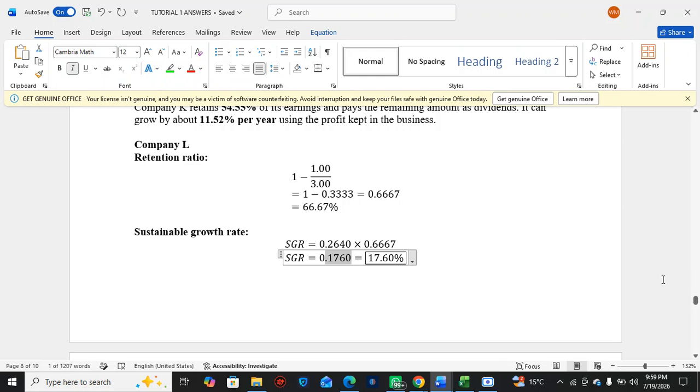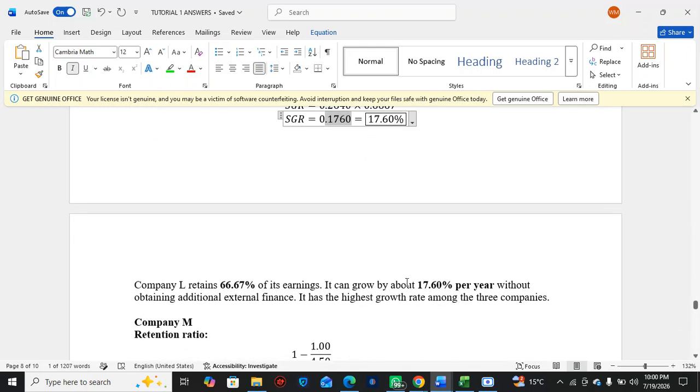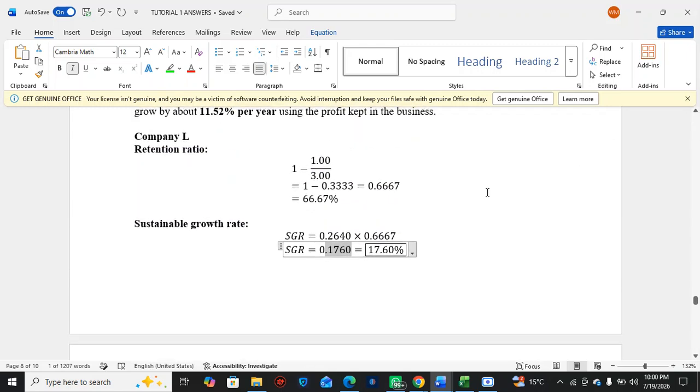So this company, if it uses its profits only, can grow by 17.6% per year. Notice that the more the company retains of profit, the higher the sustainable growth rate. If you're paying out dividends and keeping less profit, your sustainable growth rate would drop.